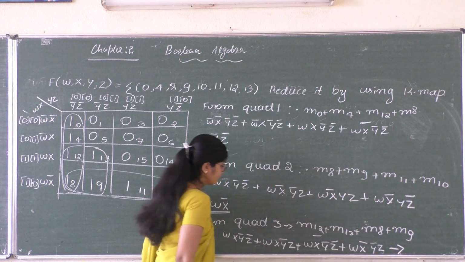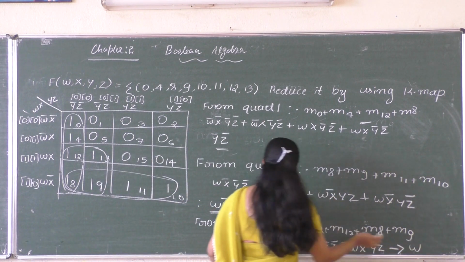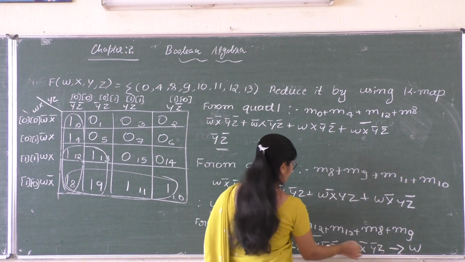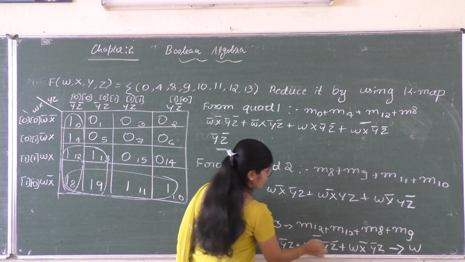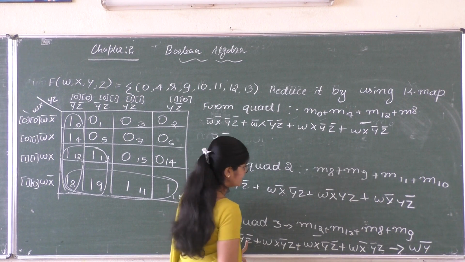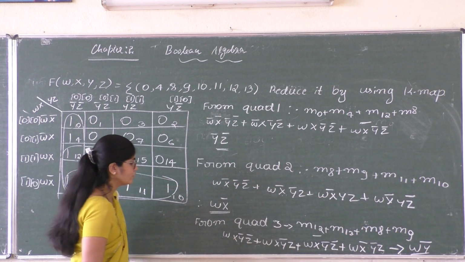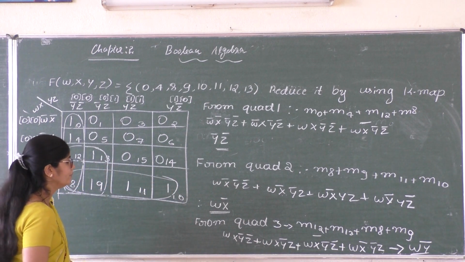Next, common variables: w, yes, w is common. Next, x not common, y bar is common. Next, z bar is not common. So, from quad 3, we got w y bar.